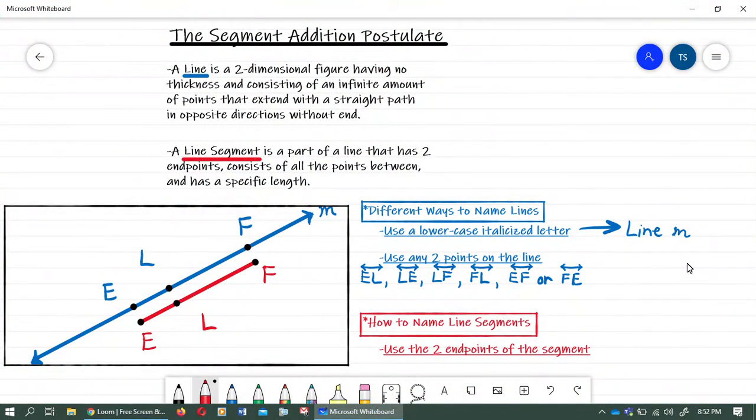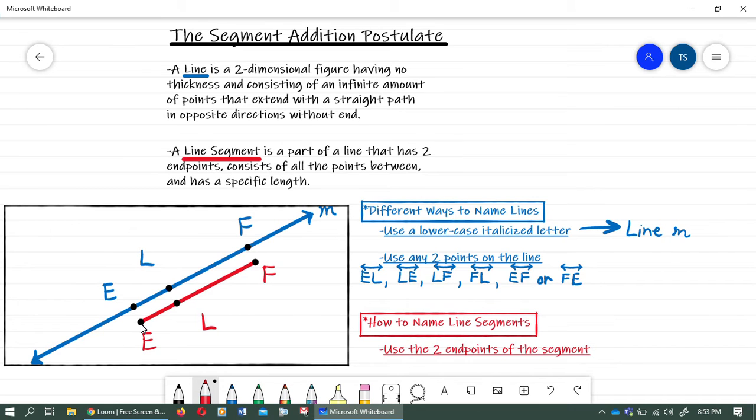Okay, guys, just in case what I just said a few seconds ago didn't get recorded, when you're naming line segments, again, you want to use 2 endpoints. Guys, in this diagram with the red segment here, there are 3 different line segments.